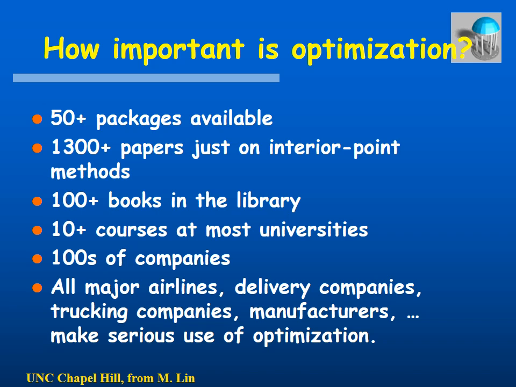But within the computer science department here, we teach a course on optimization. There are hundreds, or in fact thousands probably, of companies that provide consultation on optimization, and essentially every type of business, like the ones listed here, makes serious use of optimization.